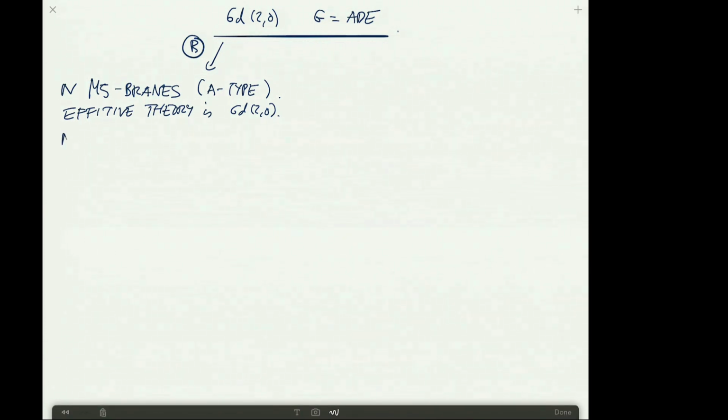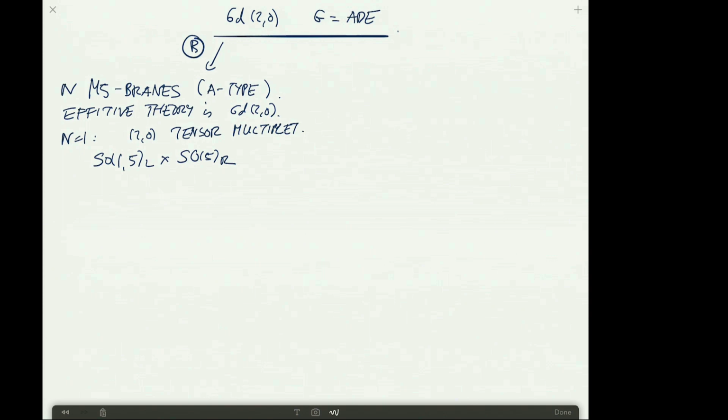For N equals 1, we're saying G equals U(1), and this is what's called the (2,0) tensor multiplet. In 6 dimensions, we have our Lorentz group SO(1,5) times an SO(5)_R symmetry group for the maximally supersymmetric theory, and they fit inside the OSp(6,2|4) superconformal algebra or group.